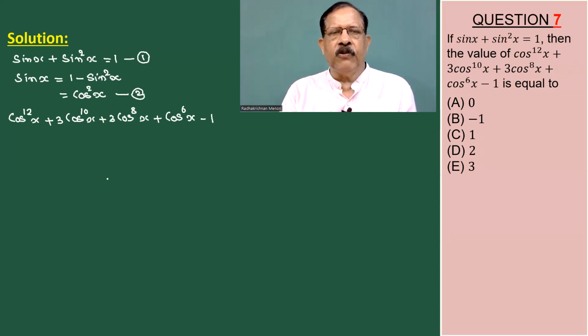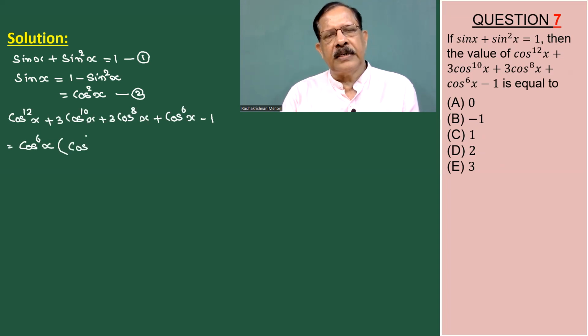From the first 4 terms, you can take cos raised to 6x as a common factor. So this is equal to cos raised to 6x times the bracket cos raised to 6x plus 3 cos raised to 4x plus 3 cos squared x plus 1, close the bracket, minus 1.